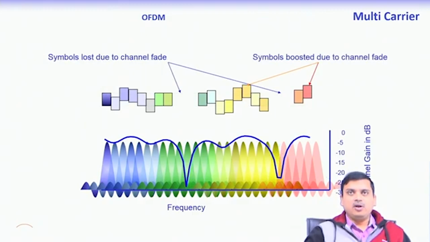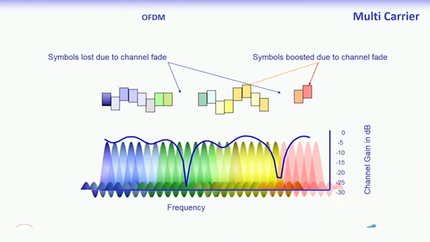So, these symbols get lost and you cannot demodulate, and the other symbols are either increasing or decreasing in signal power because of the fluctuation of the channel, which corresponds to this curve, right. That means different signals experience different signal to noise ratio. We have said earlier that this is what is utilized for link adaptation, right.